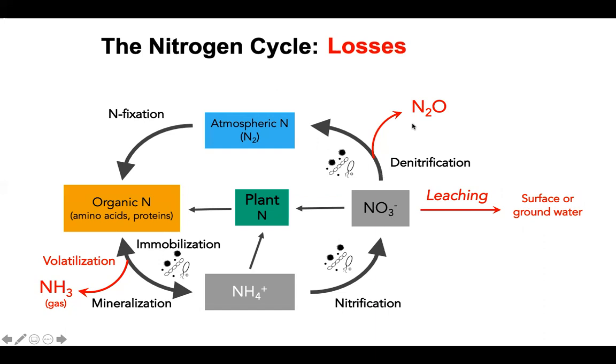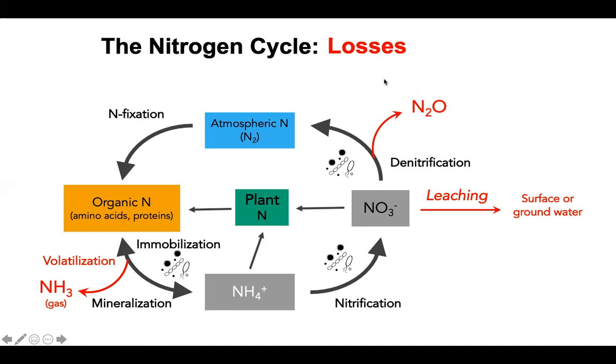Another source of nitrogen losses in this kind of leaky cycle is through something that's called incomplete denitrification. So that nitrate doesn't get converted all the way into that stable N2 gas, and it goes kind of partway and it becomes N2O, or nitrous oxide. Now, nitrous oxide is a potent greenhouse gas. It has the potential, the greenhouse gas warming potential, that's almost 300 times, about 296 times that of CO2.